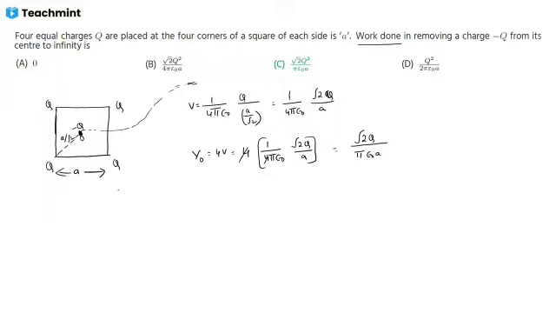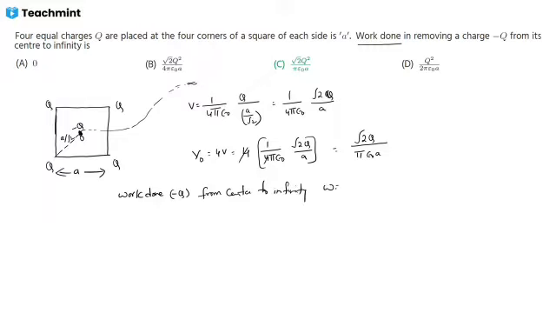Now they are asking us to find the work done in moving the negative charge from the center to infinity.